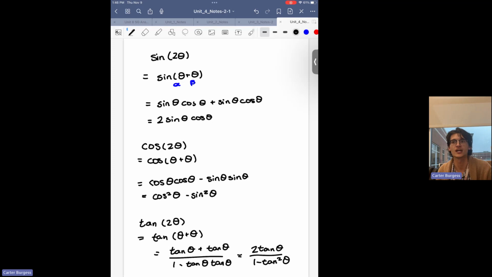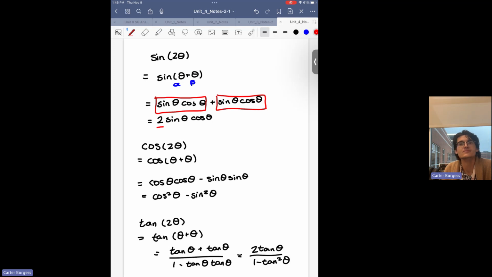It's like its own object. And we're asking how many of these sine theta, cosine theta objects do we have that are being added together? We have 2 of them being added together. So think of these as being their own thing, and we have 2 of those particular things.